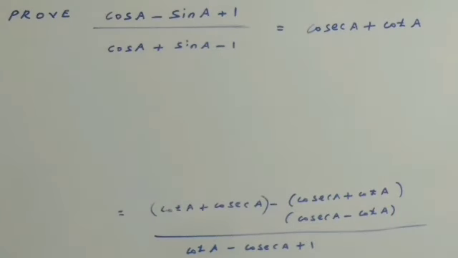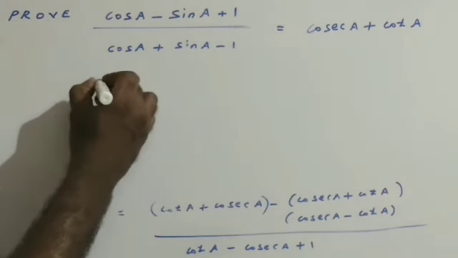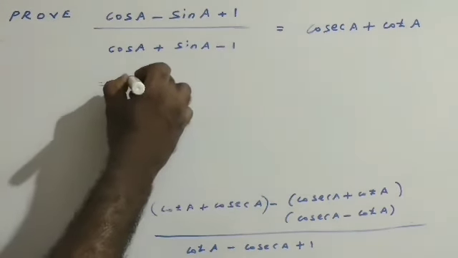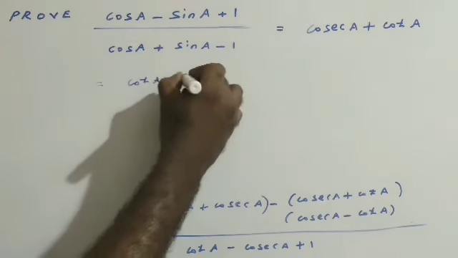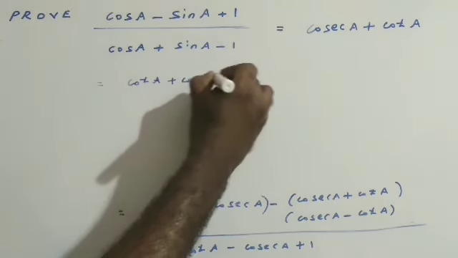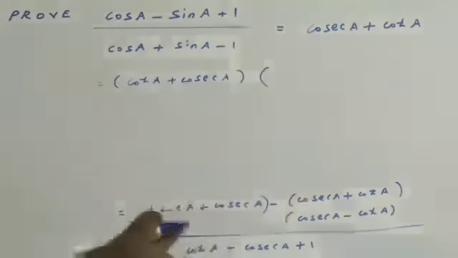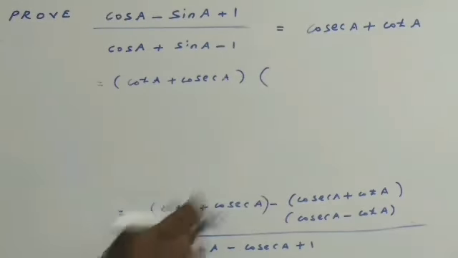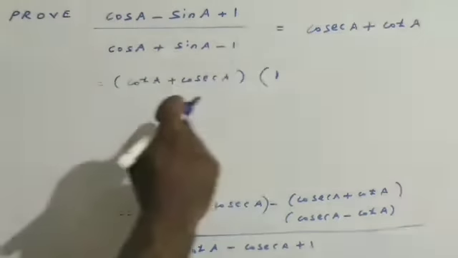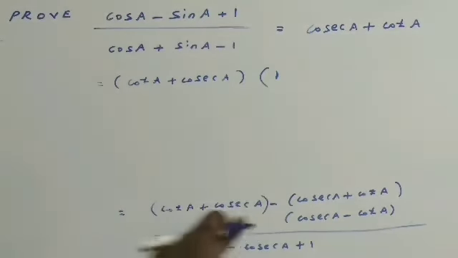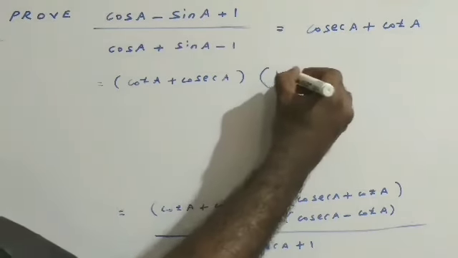Now take the term cot A plus cosecant A as common. So this term is taken outside. Put 1 into cot A plus cosecant A. After that the minus symbol is here, put the minus symbol.